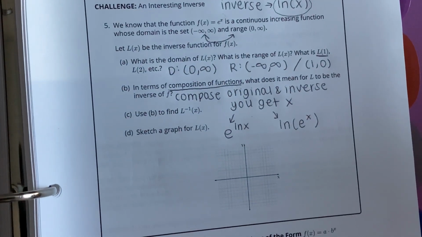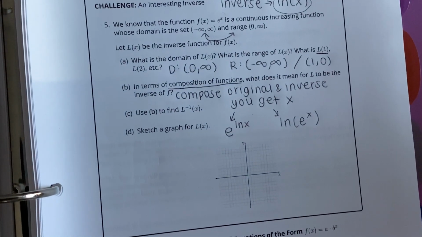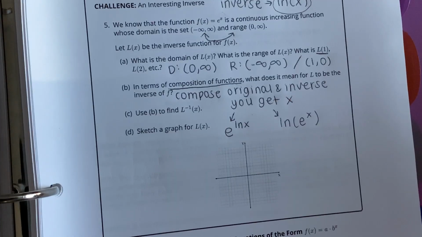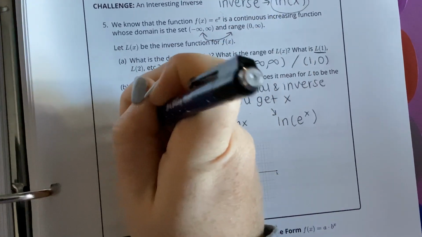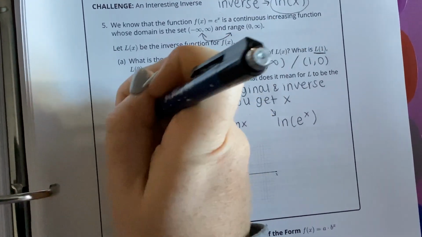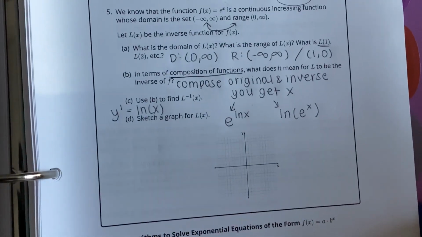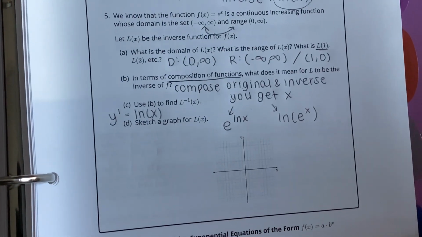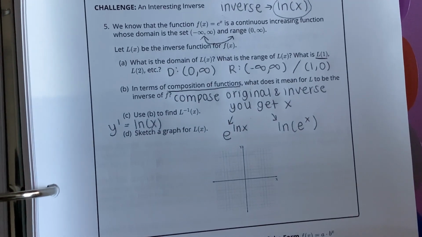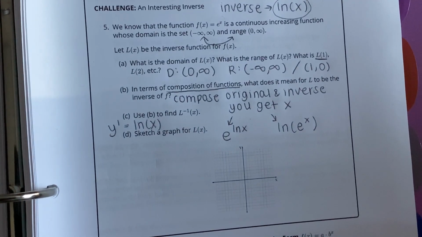Again, the natural log and the e would cancel each other out and you'd just be left with x. Your inverse, again, you should just know what it is. You shouldn't have to go find it because it's very, very basic.